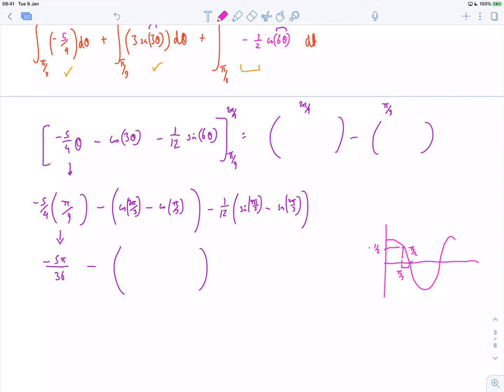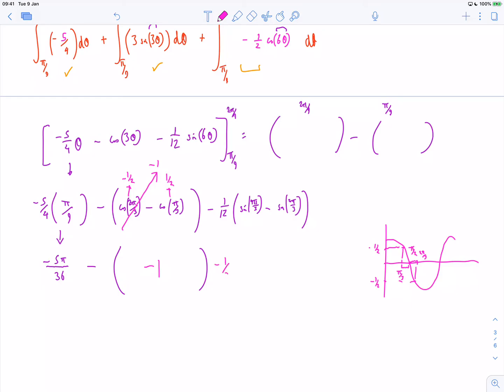So if I go forward a sixth of pi, I would actually get minus a half, and that's 2/3 of pi. So this thing is actually minus a half, and this thing is actually positive a half. So I've got minus a half minus another half, so this whole thing becomes minus 1, but I've got a minus in front, so I'll leave that as a minus 1 for now.